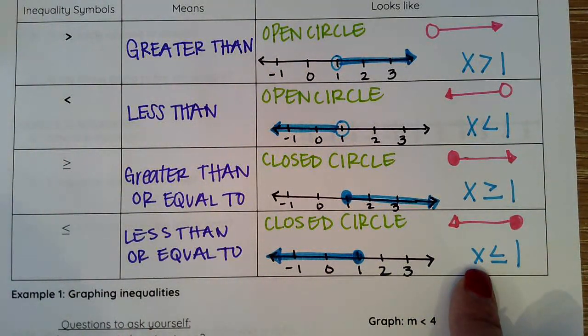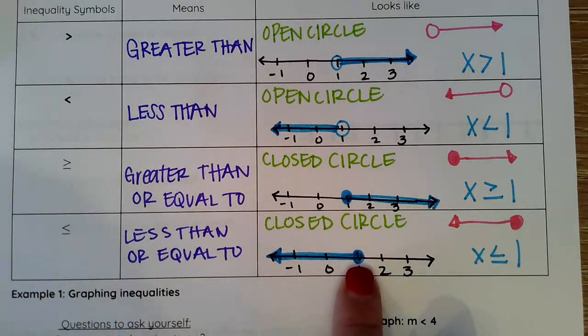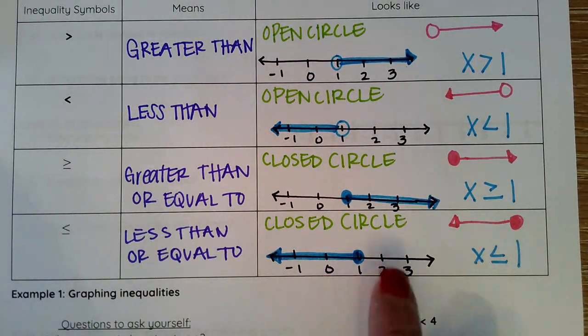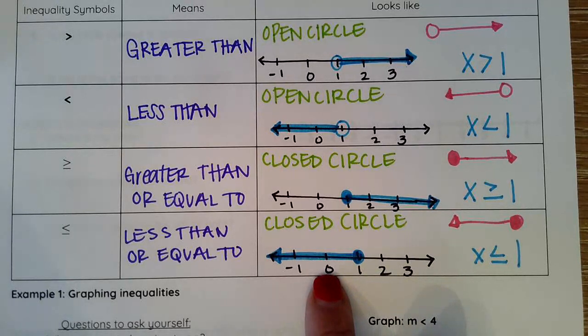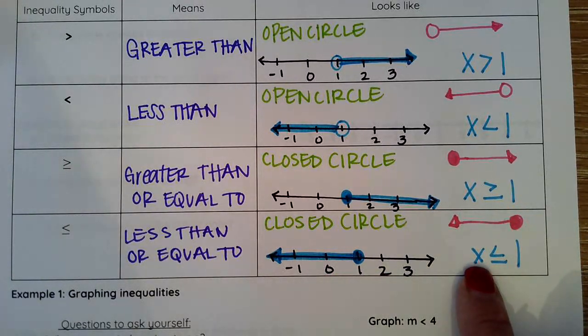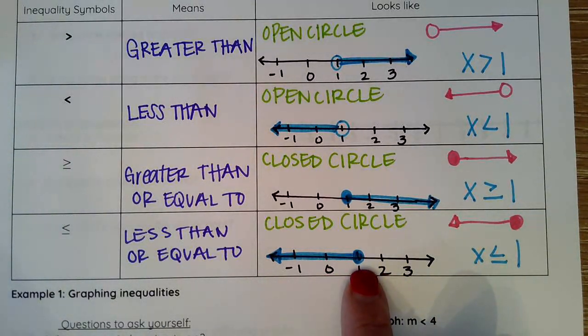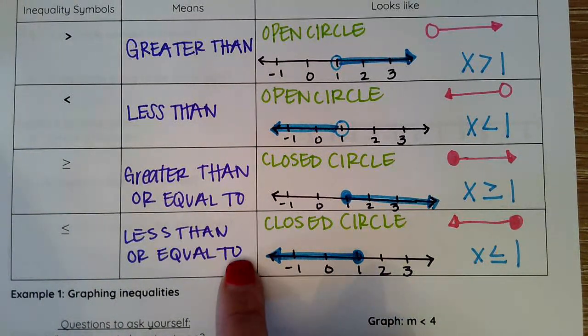It is a possible value. So if I said 1 is less than or equal to 1, that is true, so I fill it in. Again, I check either number. 0 is the value that'll make this statement true, meaning that our arrow goes to the left.